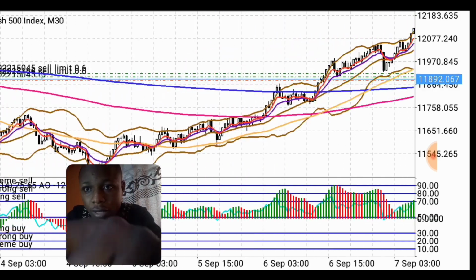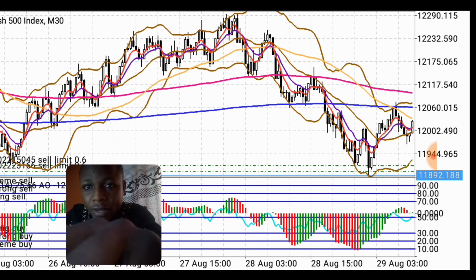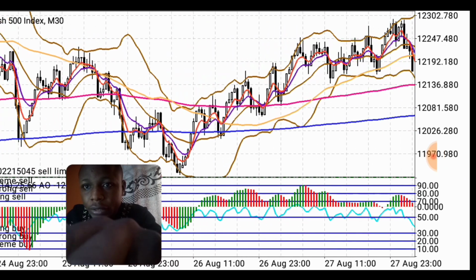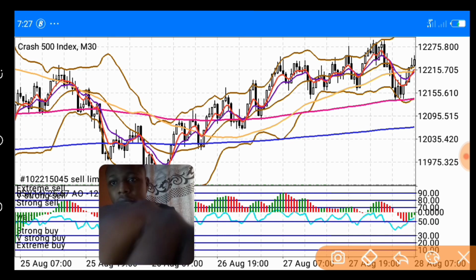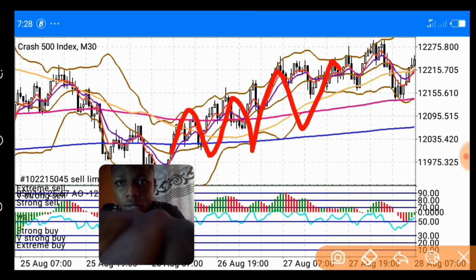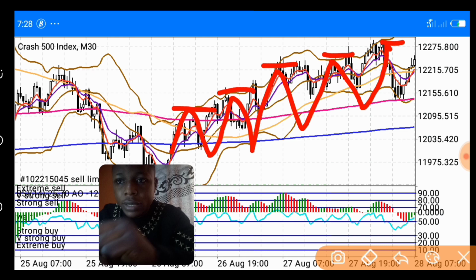So let me show you an example of a swinging trend. This is a perfect example of a swinging uptrend. You can see it is swinging and it is gaining new heights.